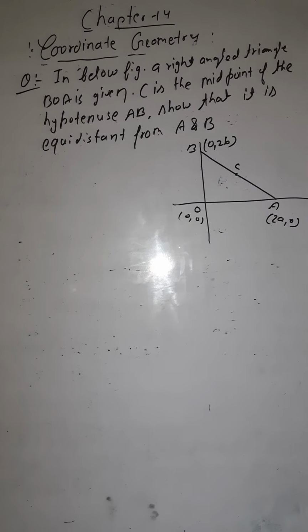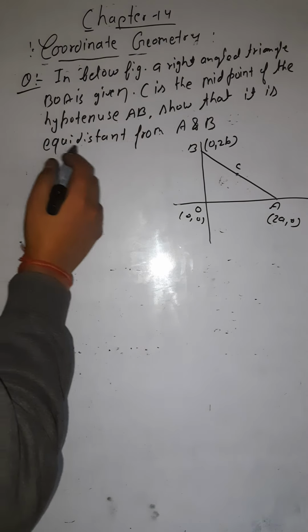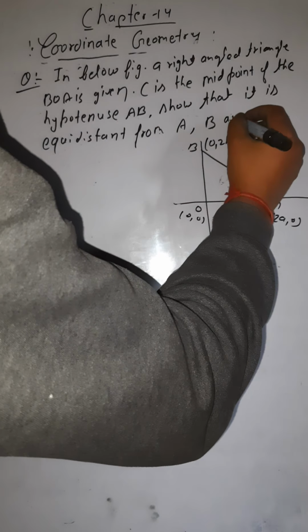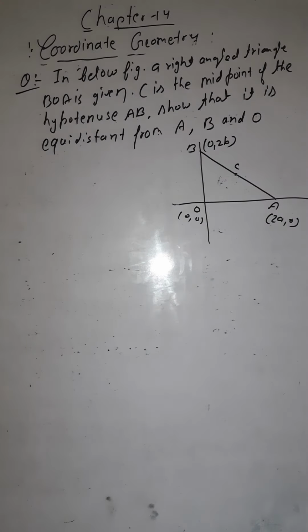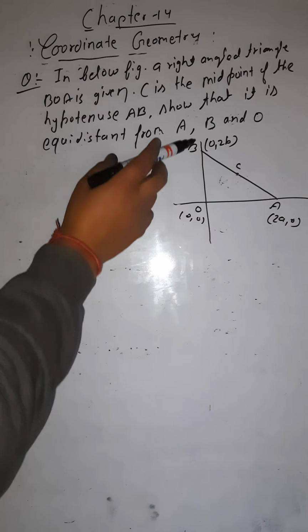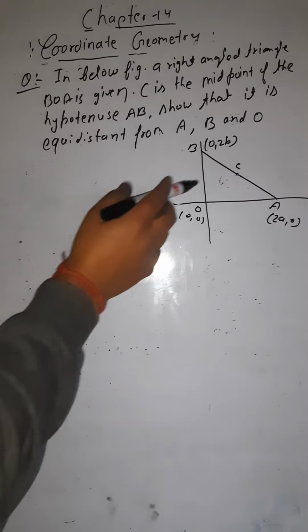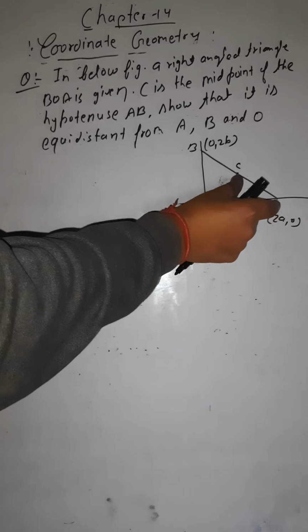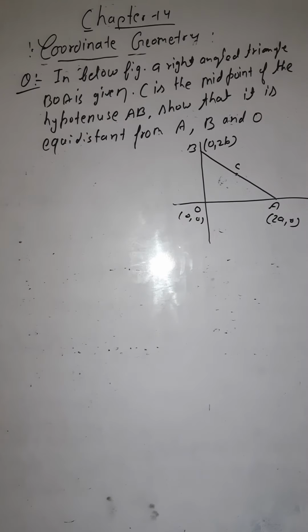Show that it is equidistant from A, B and O. You have to tell that this point is equidistant from these points. It means that this distance, this distance and this distance, all the distances are equal.